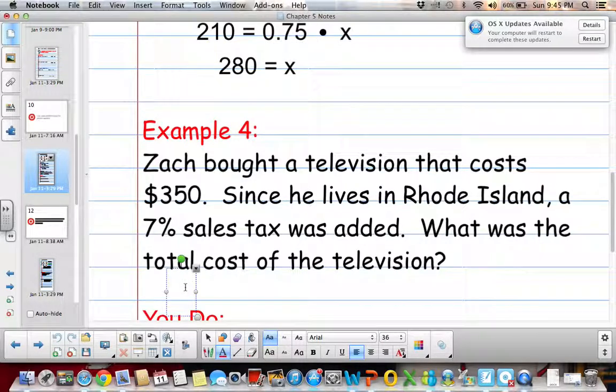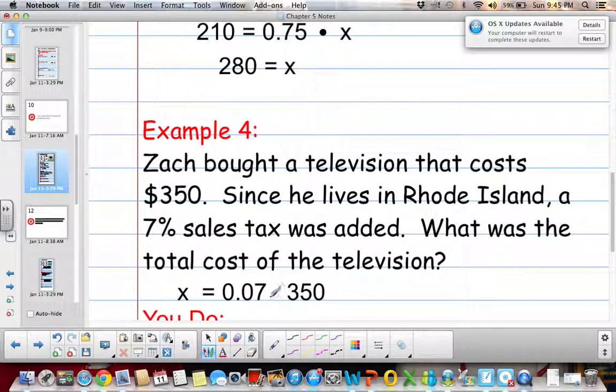So x is our part, because we're trying to figure out 7% of 350. 7% would be written as 0.07 as a decimal, and then we take that times 350. If I go 350 times 0.07, I get 24.5.